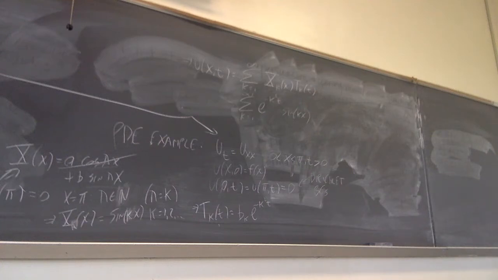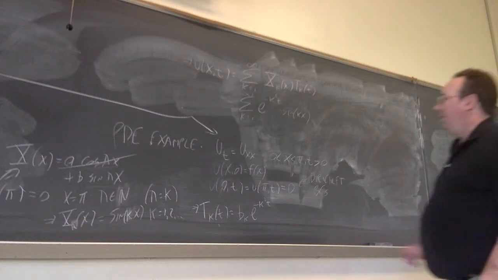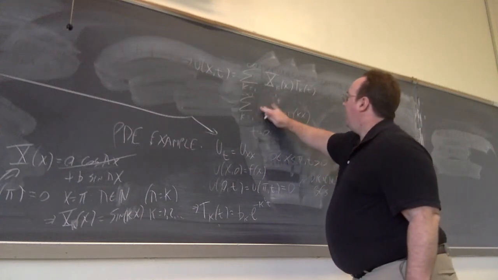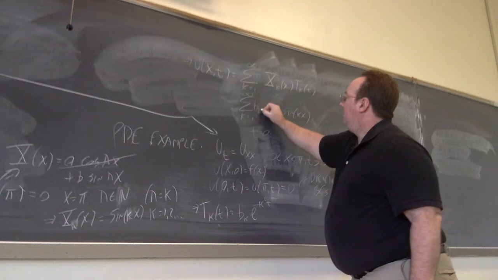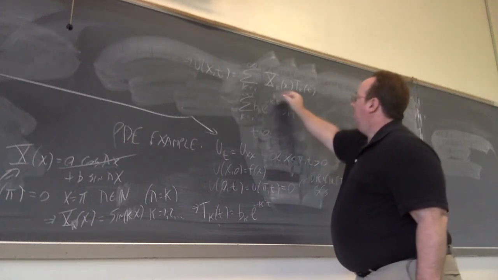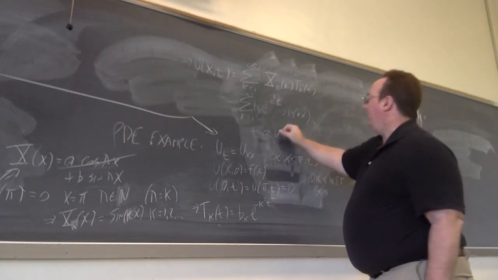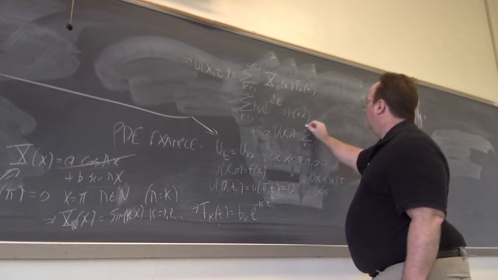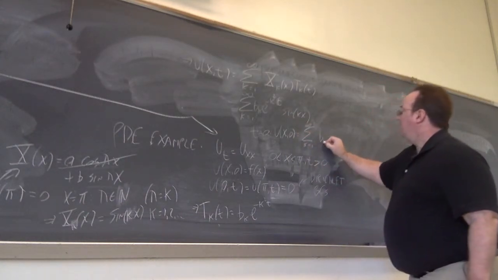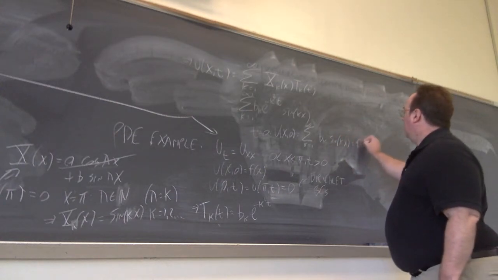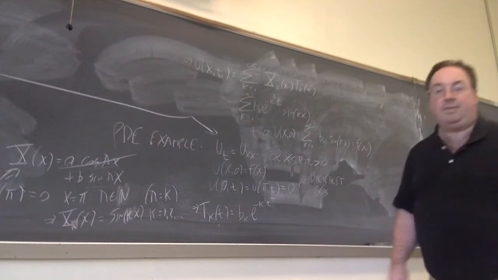But now if I substitute t equals 0, oh, sorry, I forgot to put b_k. Okay, so now I substitute t equals 0. u of x, 0, which is the sum of b_k sine kx, must equal f of x.